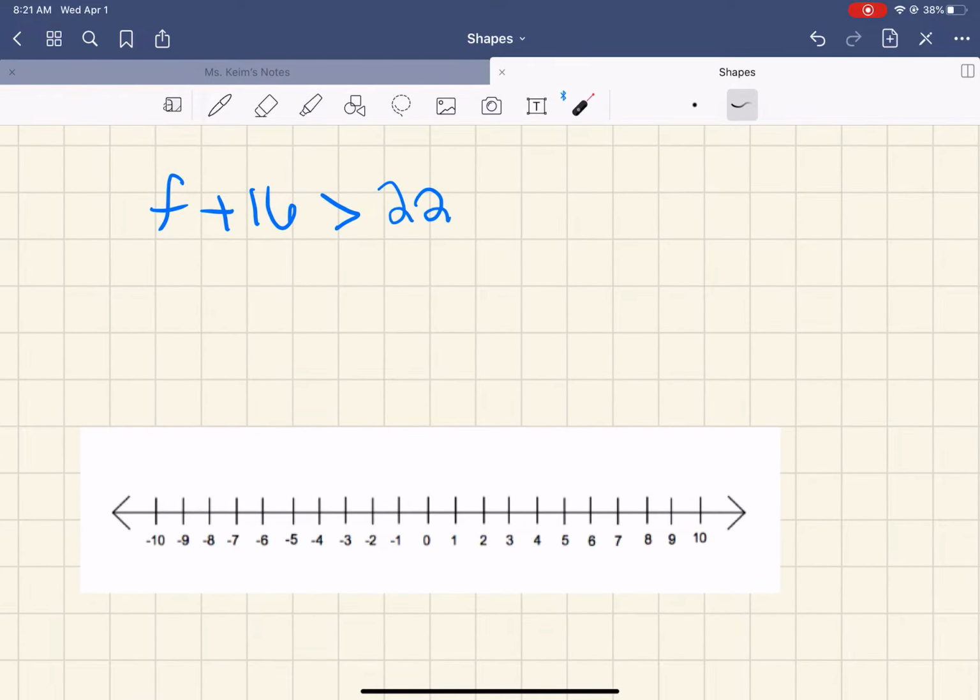Let's look at the inequality f plus 16 is greater than 22. What this is saying is literally what values, right?